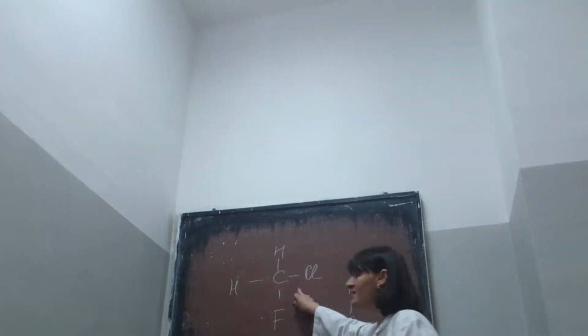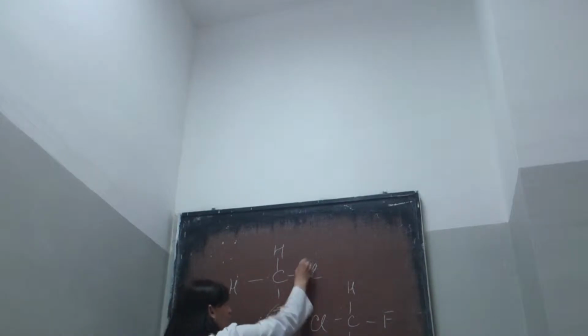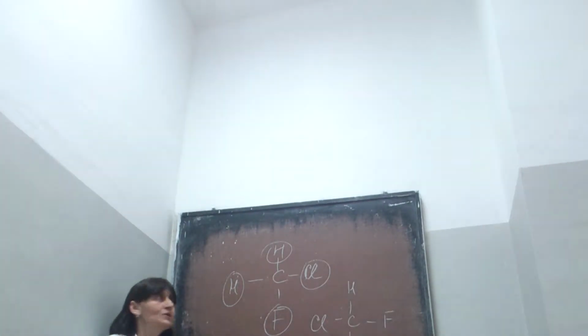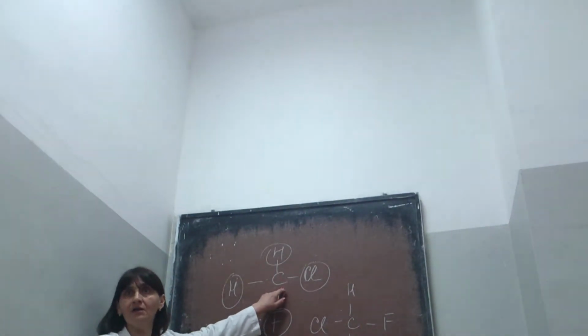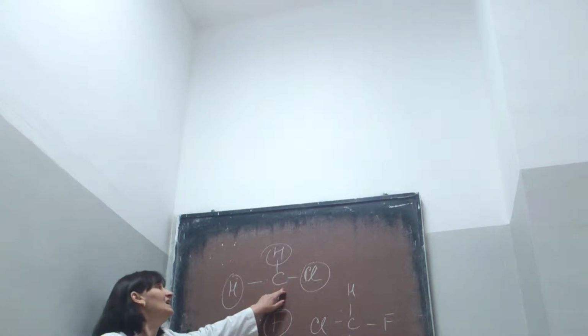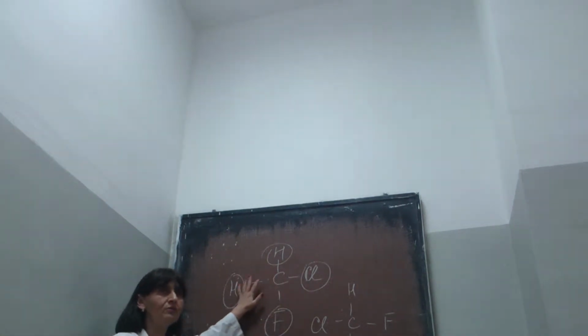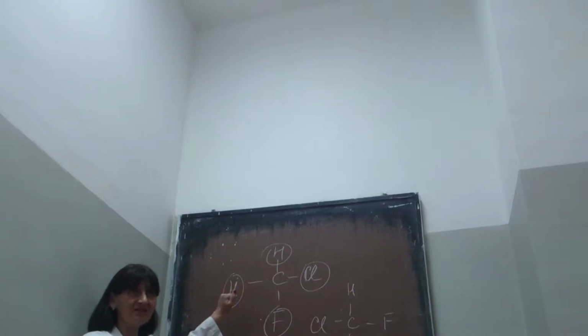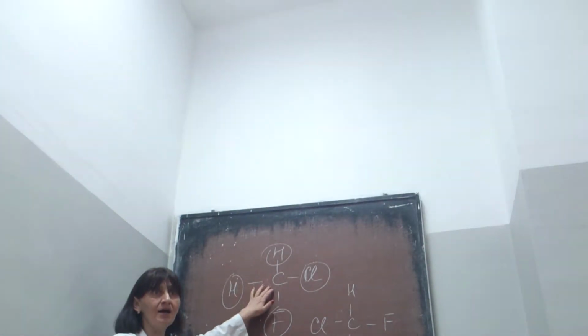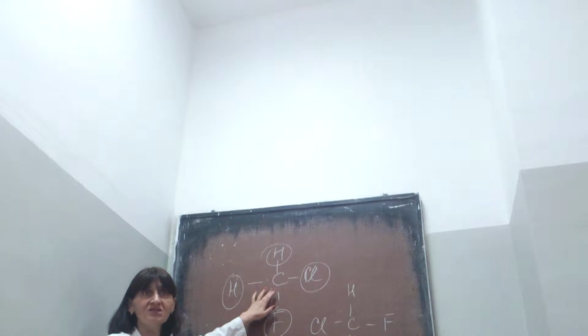In this molecule, you have two different substituents, but two atoms are the same. So this carbon is not a chiral carbon. This carbon does not have four different substituents, so this compound is not an optically active compound, and we can't discuss in this case its configurational isomers.